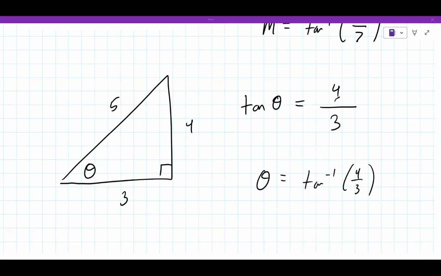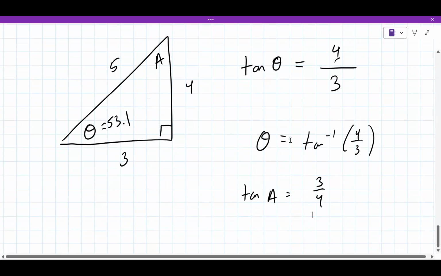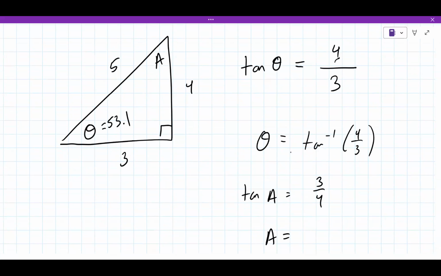53. Okay. 53 point anything or just 53? 53.1. Very good. Okay. Now to find the other angle, I'm going to call the other angle A. What is the tangent of A? 3/4. 3/4. So how do you find the angle A based on what we've been doing the last few problems?